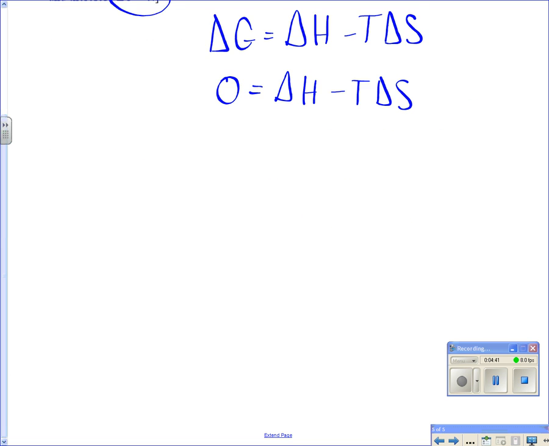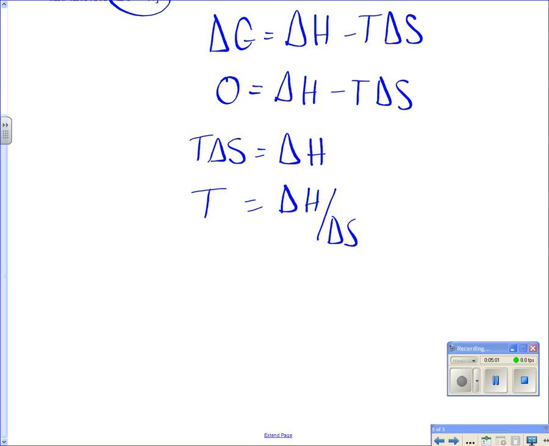As long as I know delta H and delta S, I can find T. So mathematically, if I add T delta S to both sides, I get T delta S equals delta H. So then delta H over delta S equals T. That's so nice.